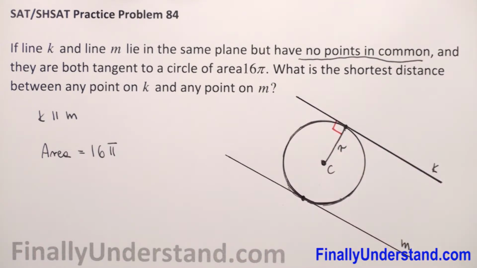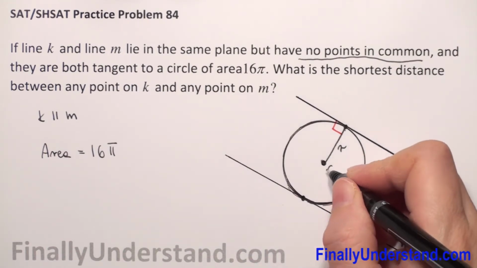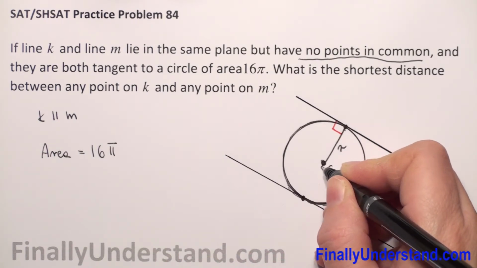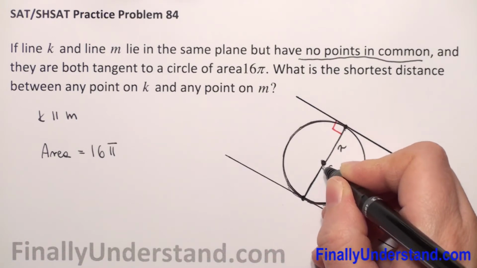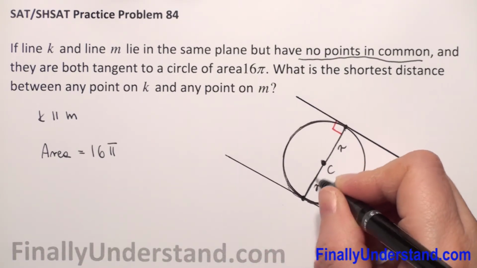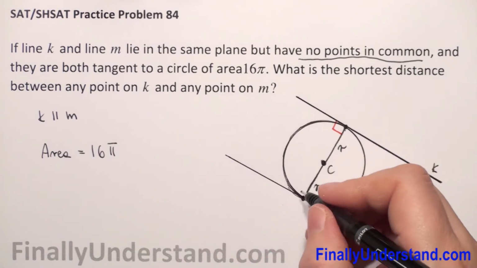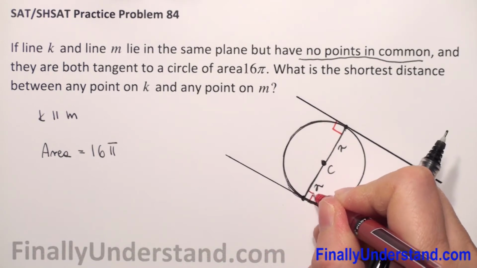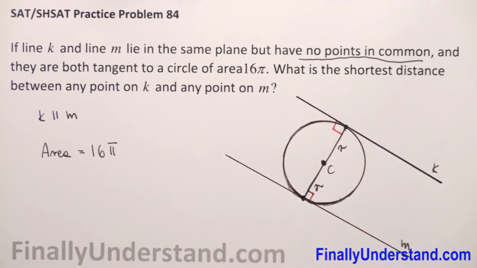The same will be on the other side. If you extend this radius, this is always also r, the radius of our circle, and the radius is perpendicular to our line M.